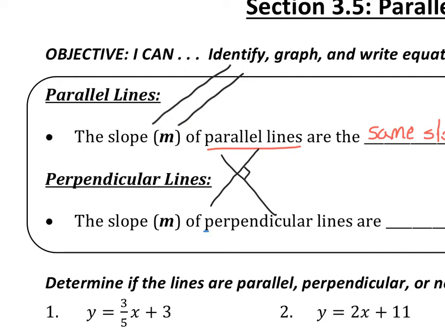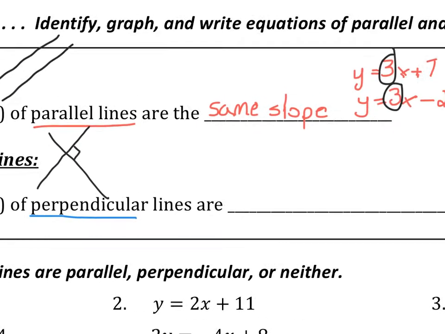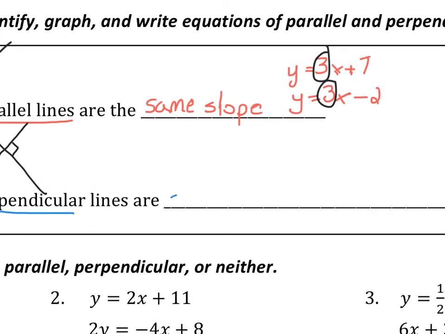The slope of perpendicular lines are what are called opposite reciprocals.